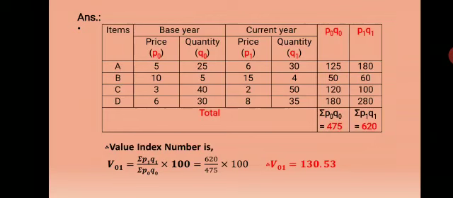Then we know that according to the value index number formula, we need to find P0 into Q0 and P1 into Q1.